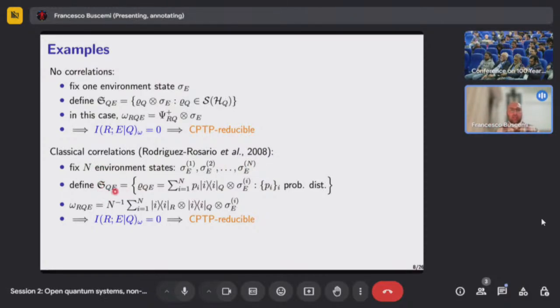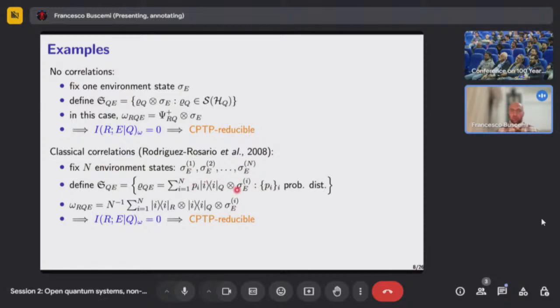And the set of possible initial conditions is given by this polytope, where you have the state of the environment here, and then you have these orthogonal flag states, these orthogonal states on the system Q. And what can vary as a free parameter are these probabilities, p_i.